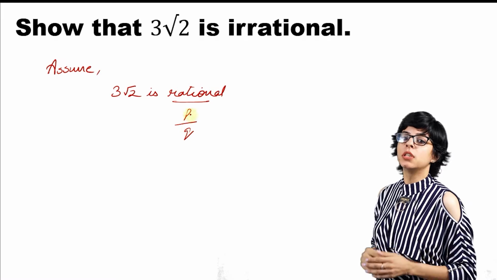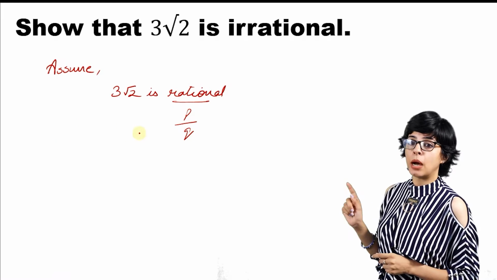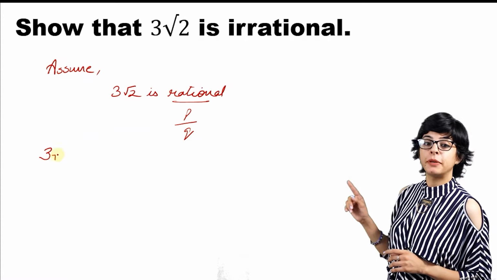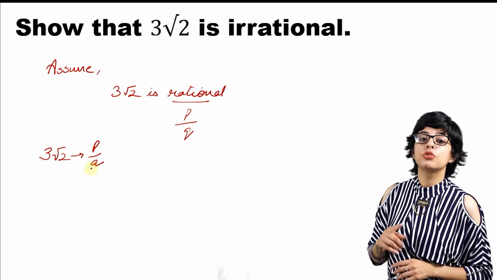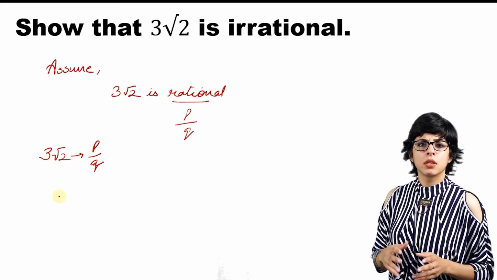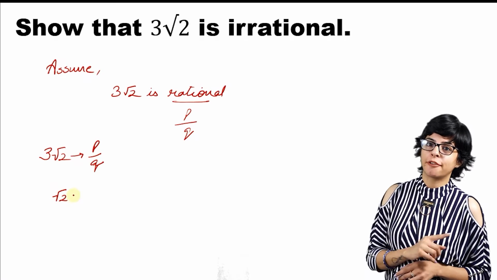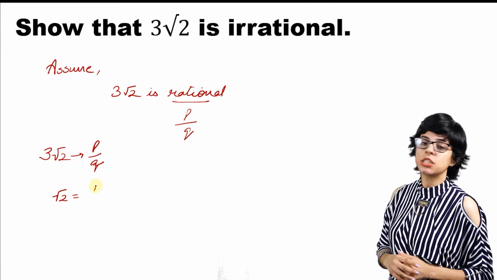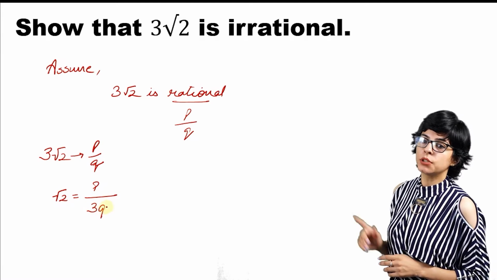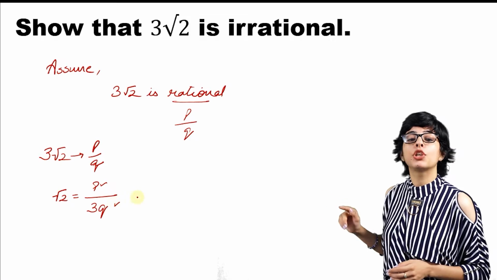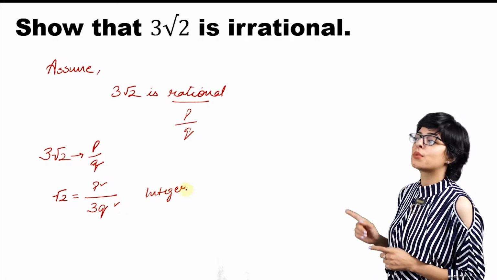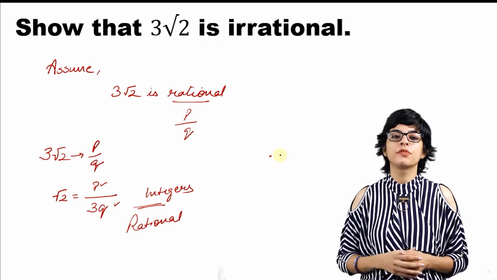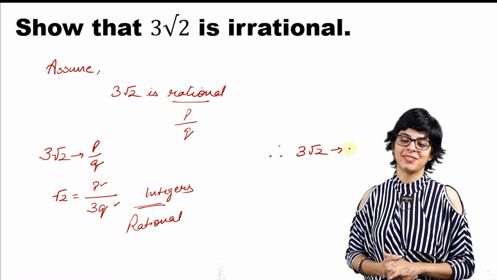Therefore 3 root 2 is in the form of P upon Q. Now root 2 should be on the left hand side, as all the irrational numbers have to be on the left hand side. So I write root 2 is equal to P upon 3Q. Now I know that P and Q are integers. Therefore the right hand side is rational. Again, our assumption goes wrong and hence we prove that 3 root 2 is irrational.